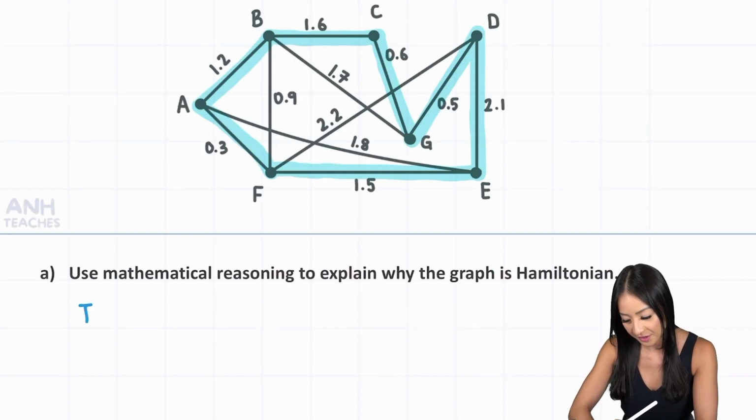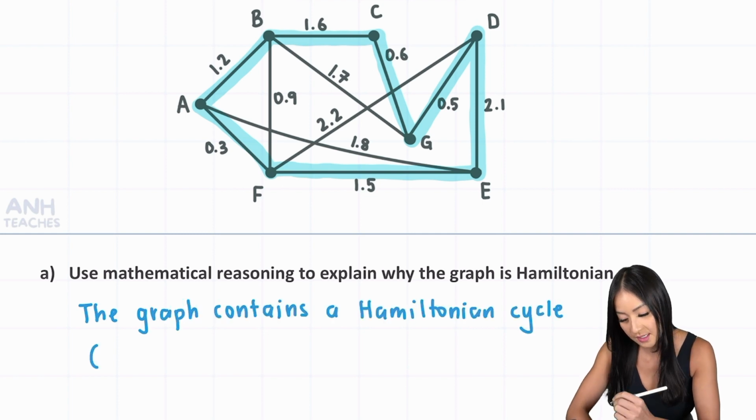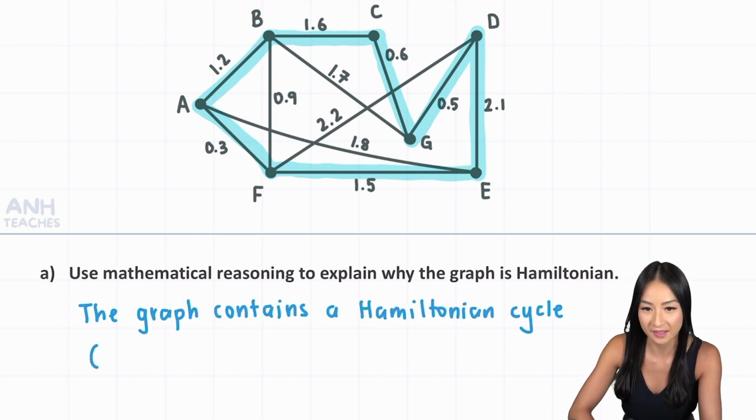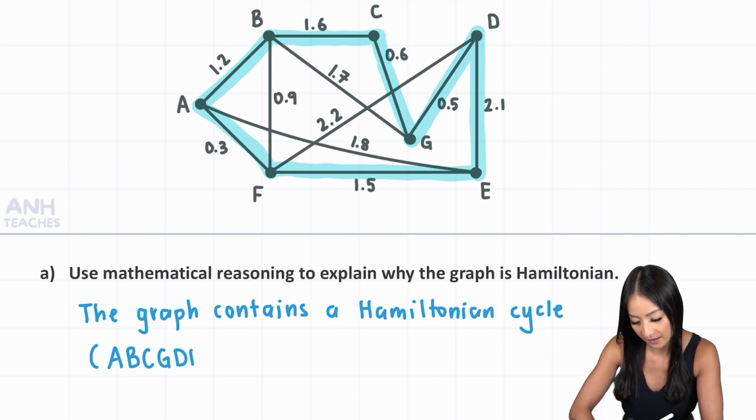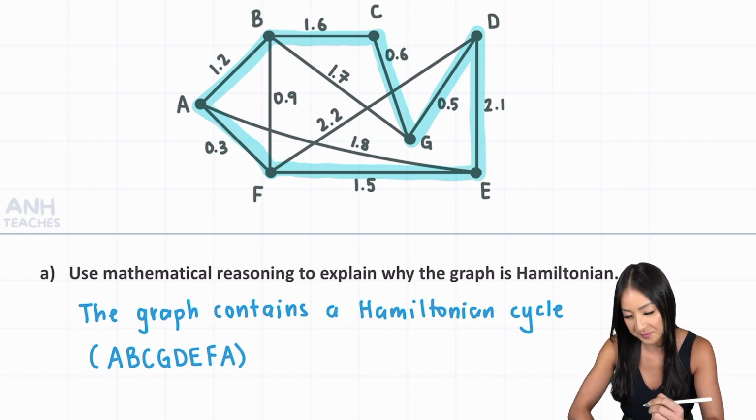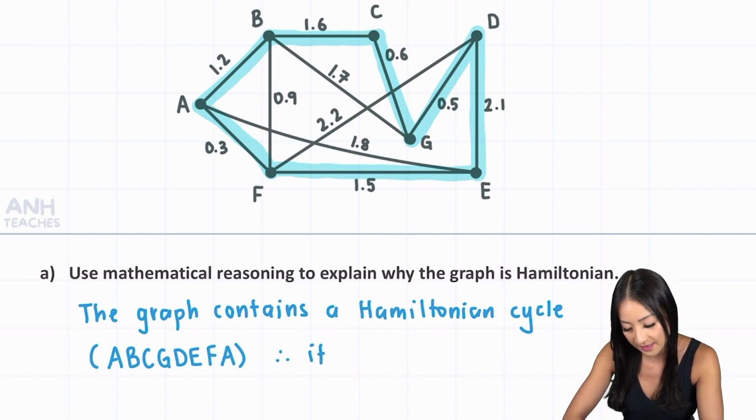So the graph contains a Hamiltonian cycle, and I'm going to specify a specific cycle. I know I started at G, but I'm going to label my cycle from A. So I've got A, B, C, G, D, E, F, and A. Therefore, it is Hamiltonian.